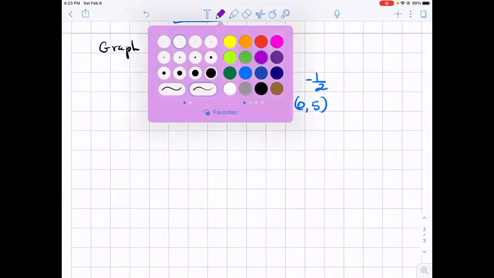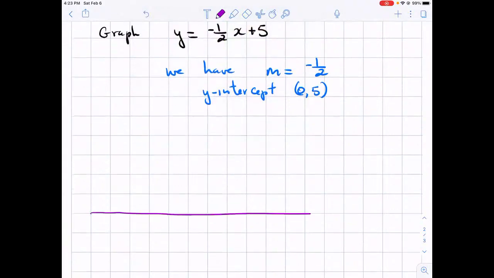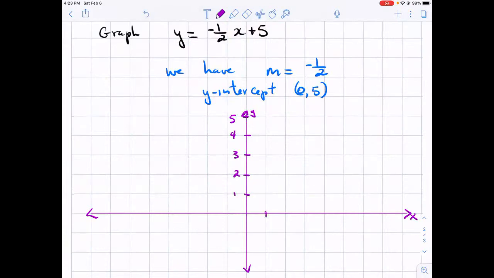If I draw the xy axis, the first point we have here is the point (0, 5).